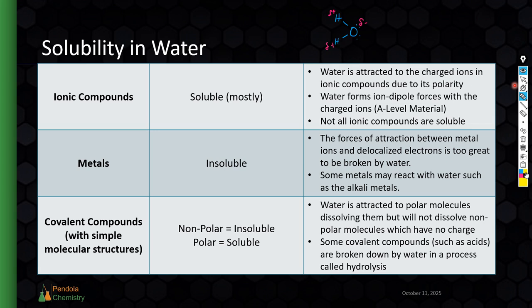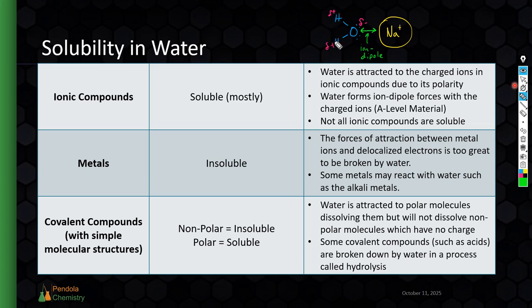If we have an ion near water, for example a positive sodium ion, that positive sodium ion and that negative oxygen on the water are going to attract. That's what we call an ion dipole force. We will learn more about these ion dipole forces and be a lot more specific about them in A-level chemistry.